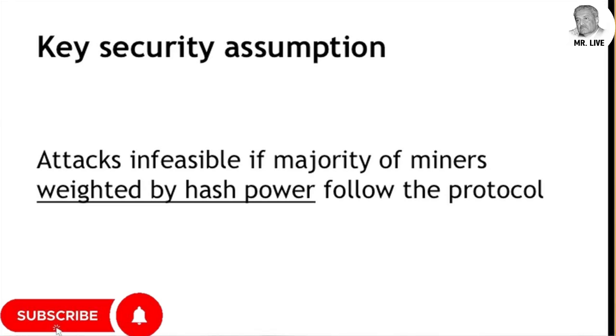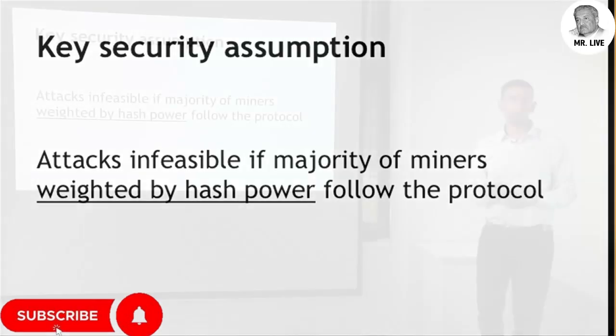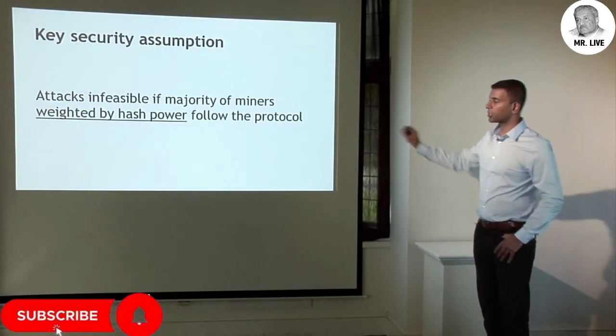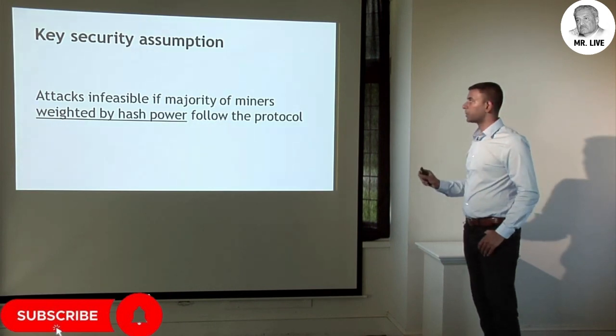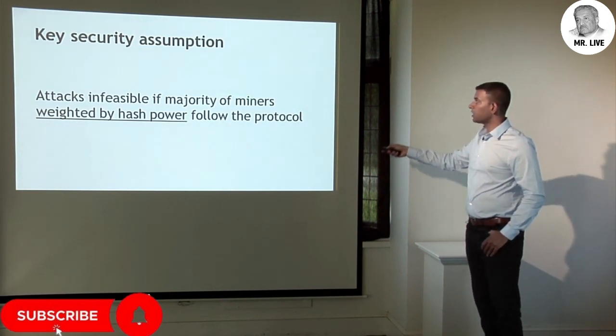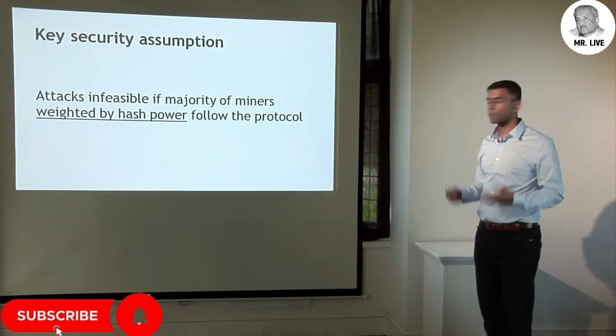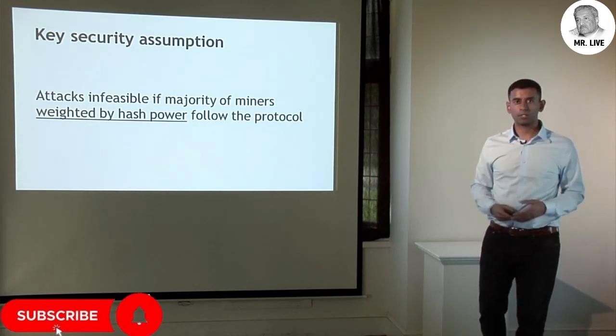Now, because of the way that this cost function and proof of work is set up, it allows us to reformulate our security assumption. Here's where we finally depart from the leap of faith that I asked you to take several slides ago. Instead of saying that somehow the majority of nodes are honest, in a context where nodes don't even have identities and not being clear about what that means, we can now state crisply that a lot of attacks on Bitcoin are infeasible if the majority of miners weighted by hash power are following the protocol, or are honest.